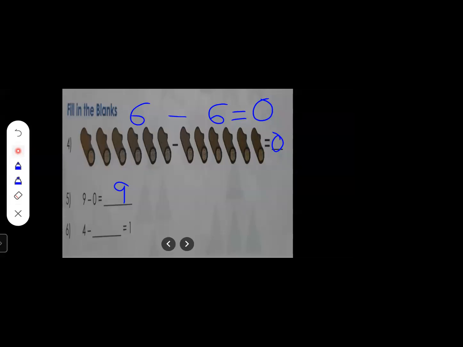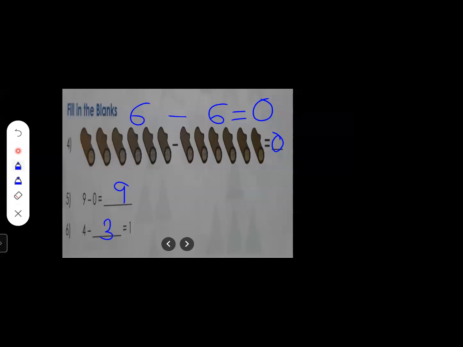Close one finger. This is your answer now, 1. So how many fingers are left? 1, 2, 3, right? So you will write 3 in the middle. So see, 4 minus 3 is equal to 1.